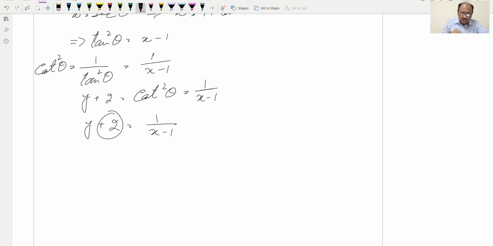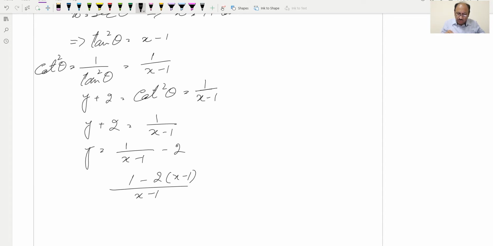Now this plus 2 we can shift to the other side and our equation will become y is equal to 1 over x minus 1 minus 2, and we can take LCM and this will be x minus 1 and this one will be 1 minus 2 into x minus 1.